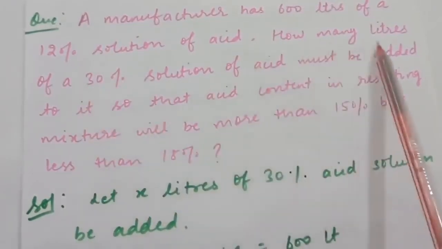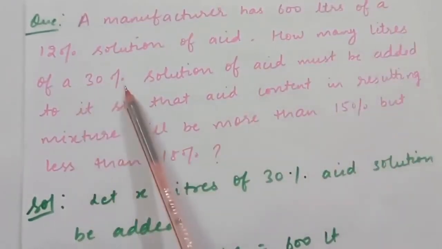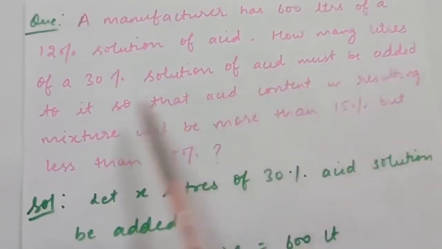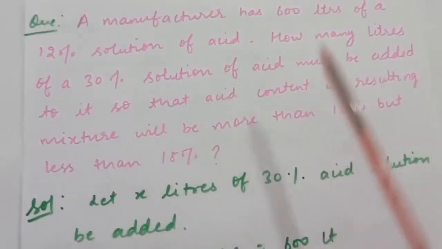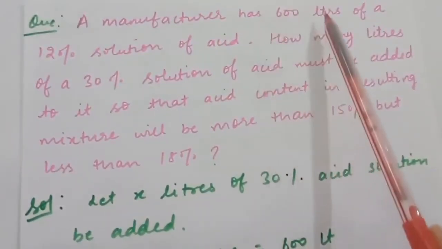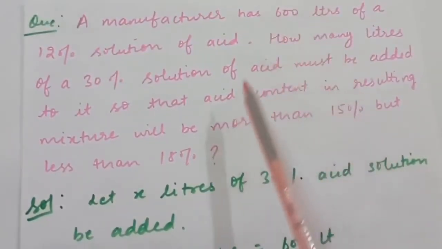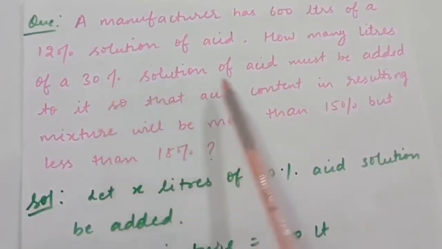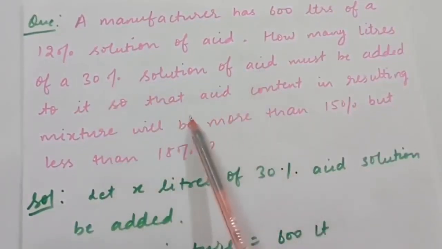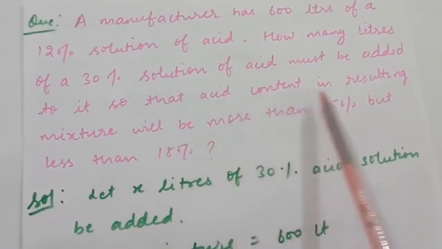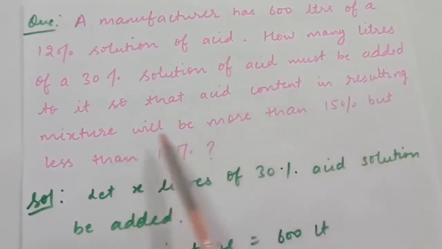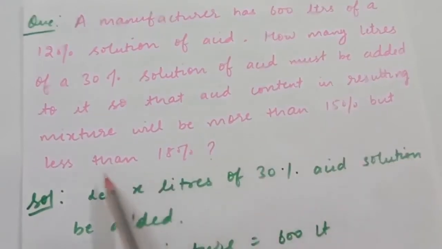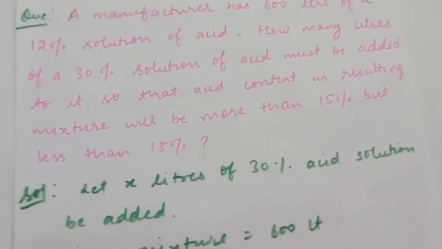Now how many liters of a 30% solution of acid must be added to it? That is, they are asking how much solution which has 30% acid we will add to this 600 liter solution, so that the acid content in the resulting mixture will be more than 15% but less than 18%.